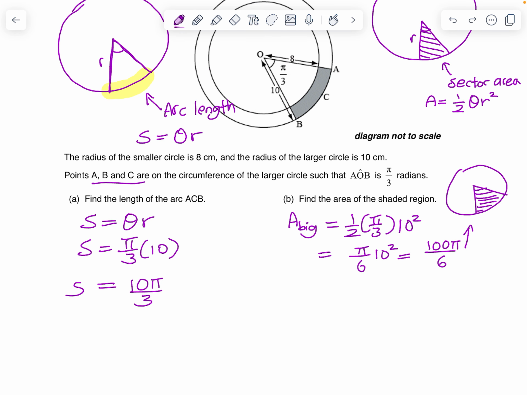Now we want to focus on the smaller circle and just focus on this part right here. So A small equals, we use the formula again, 1 over 2 times, again the theta here, the angle is the same in radians, so pi over 3 again, times, this time we're using the smaller circle, so it's 8 for the radius, so 8 squared.